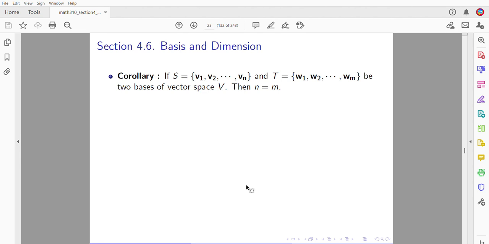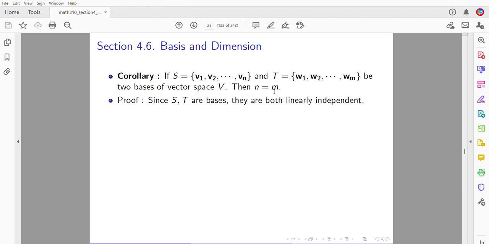Suppose S = {V1 through Vn} and T = {W1 to Wm} are two different bases. Then the number of vectors in S and the number of vectors in T must be equal. What does this say? Any two bases of a fixed vector space should have the same number of vectors.